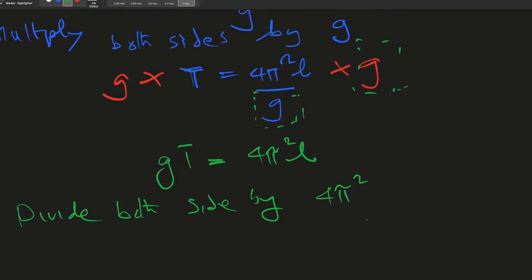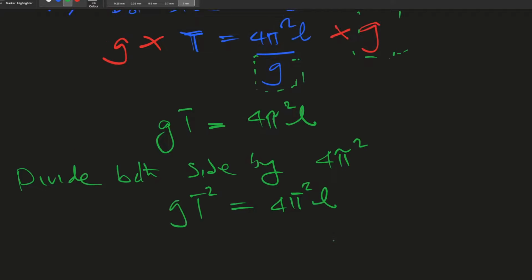Because they are a product and they are multiplying, we divide here by 4 pi squared, and here by 4 pi squared.